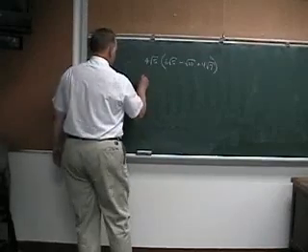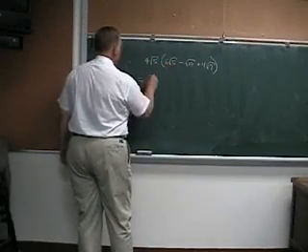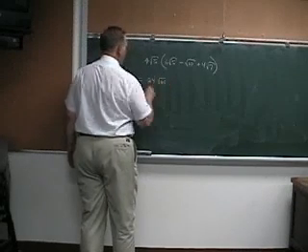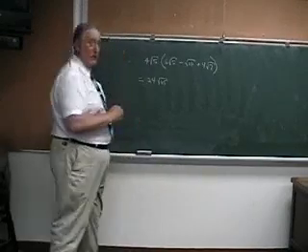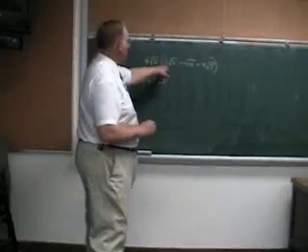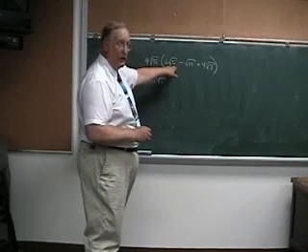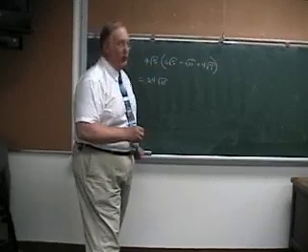So, these 2 multiplied will give me 24 square roots of 25. Any question on that? 4 times 6, 24, square root of 5 times the square root of 5, square root of 25. Now you might be saying to yourself, well, I already know what that is.